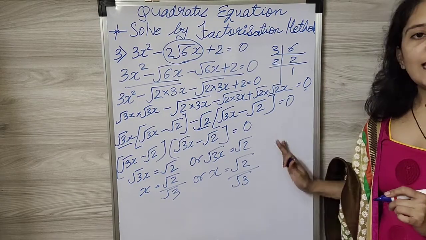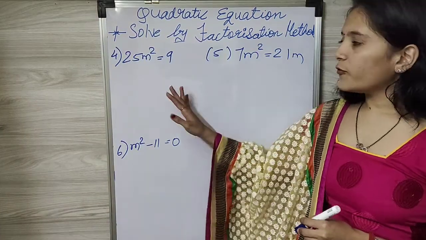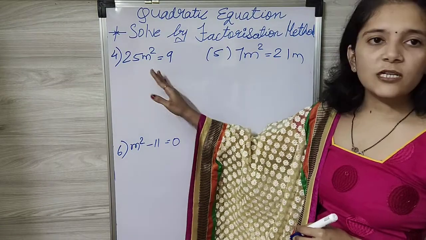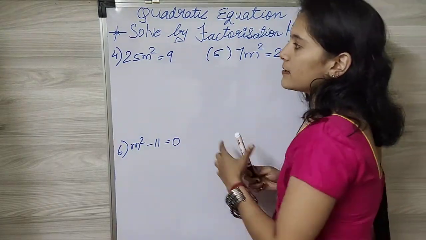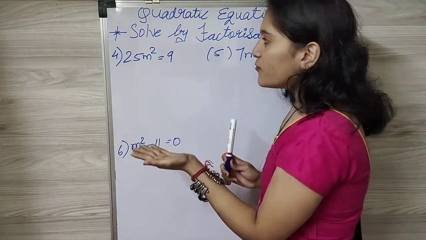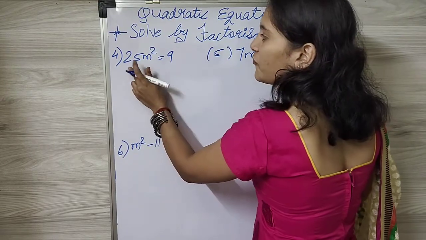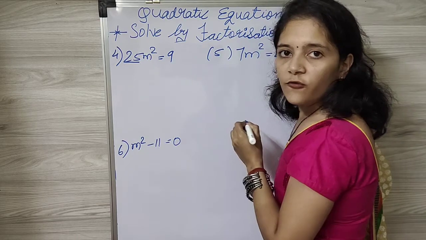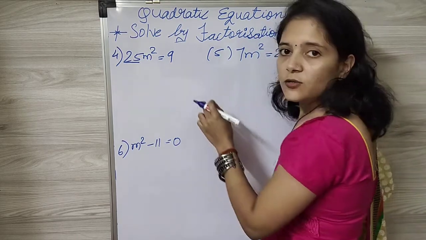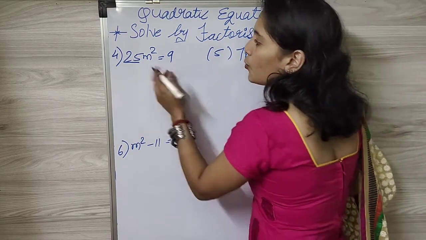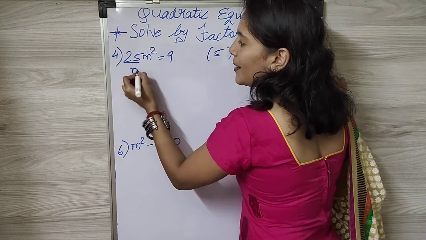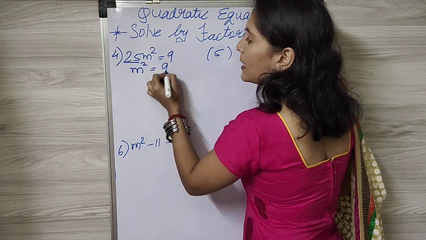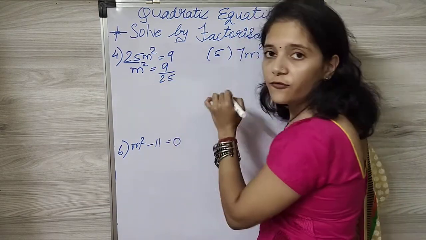Shifting to the next question. The fourth question is 25m square is equal to 9. See here, this sum is different from the others we have solved. Here 25 is also the square of 5 and 9 is also the square of 3. So what can you do here? m square is equal to 9 by 25.